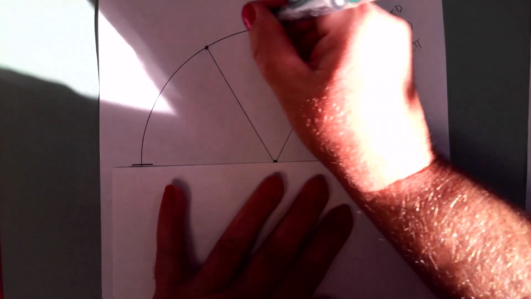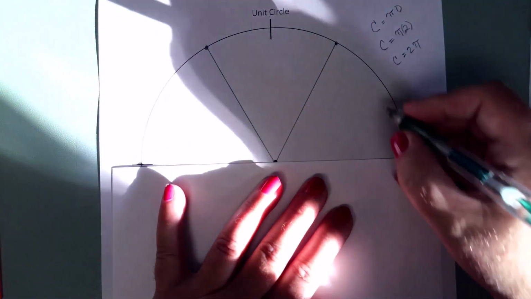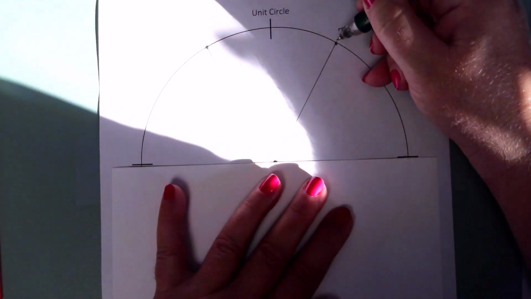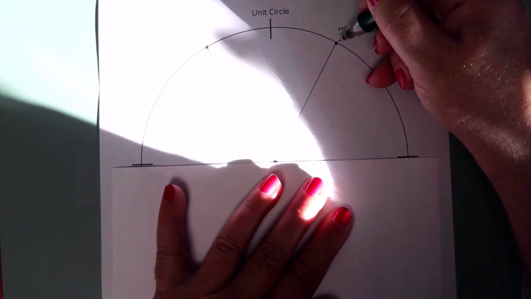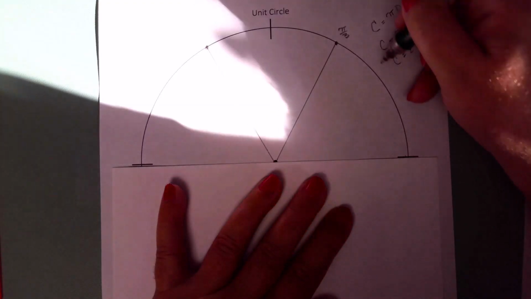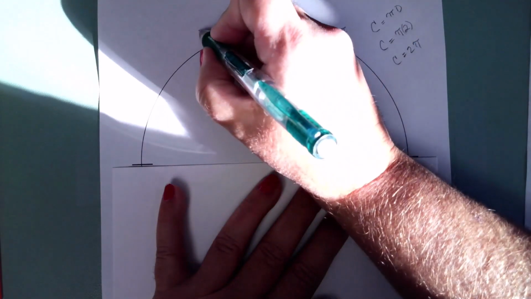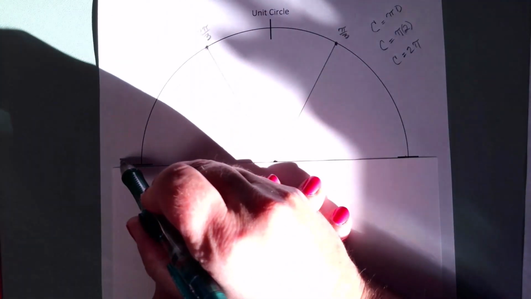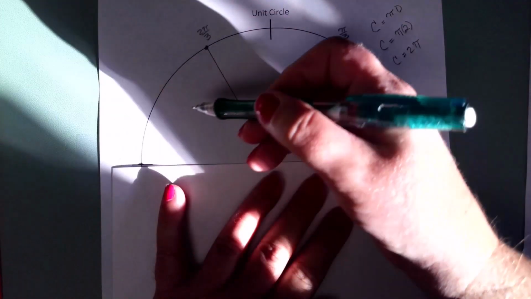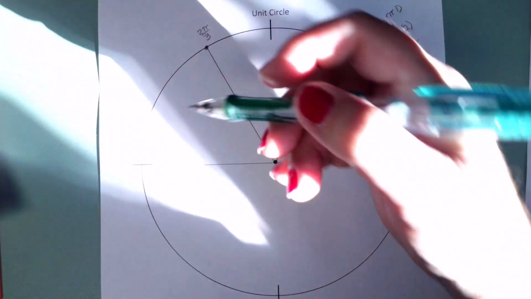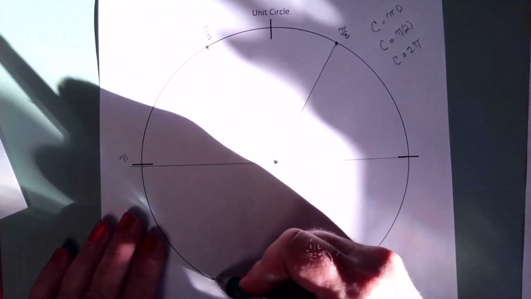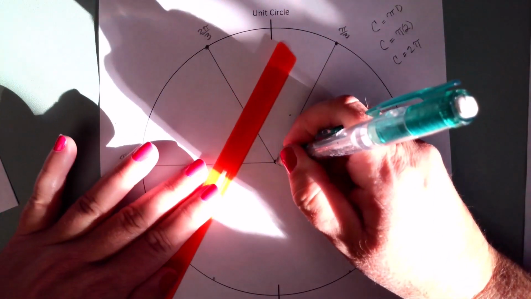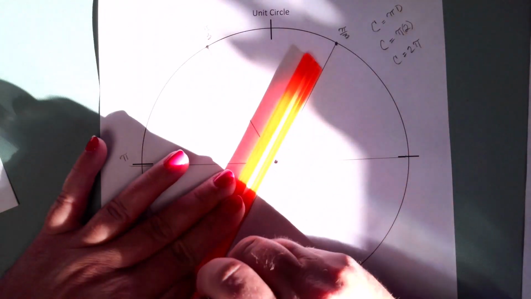So if this is pi to get over here, this is pi over 3 to get to there. And then you can count by that as you go around. Pi over 3, 2 pi over 3, 3 pi over 3, which we know is pi. So 3 pi over 3, and we're going to go down here and do the same type of thing over there.